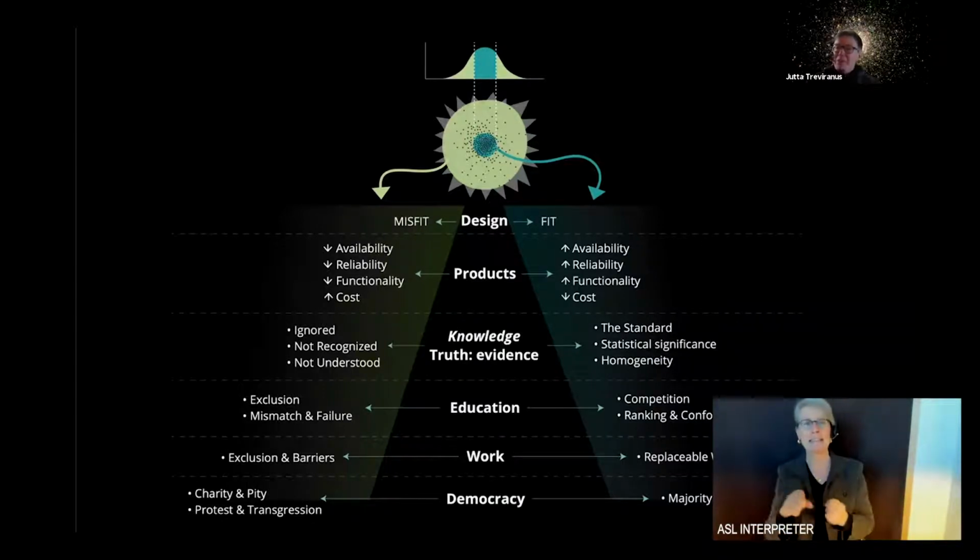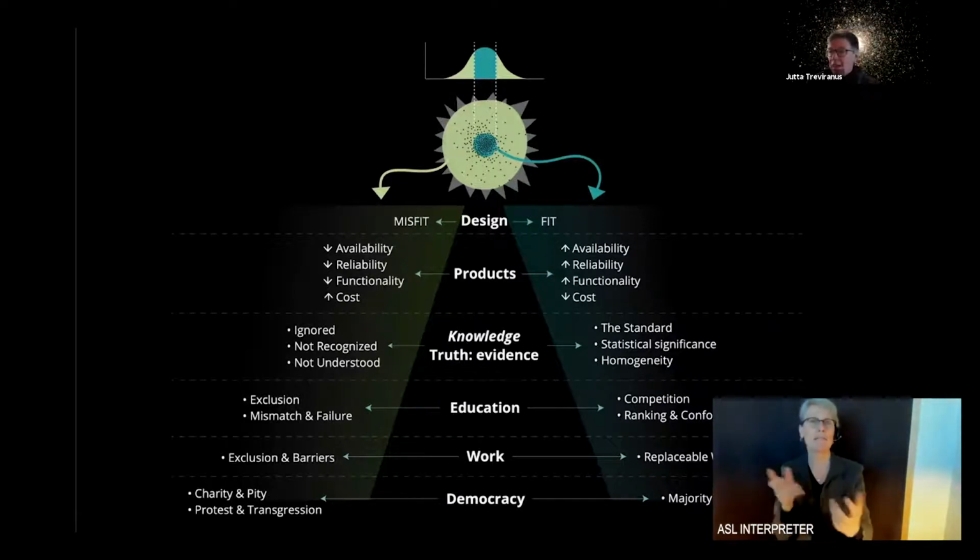I have a very complex additional diagram here, and I'm just going to very quickly step through it, but I can make this available later as well. It shows the rising disparity that permeates every part of our system, whether it's that our designs fit people in the middle and don't fit anyone that's out at the periphery.